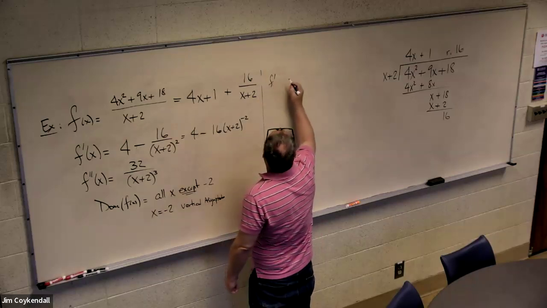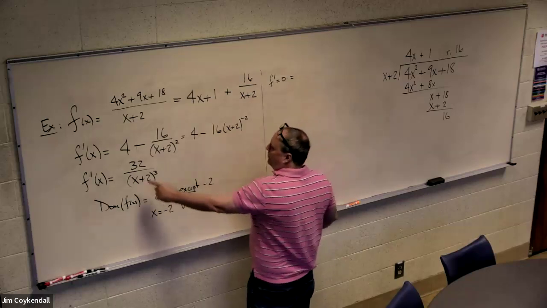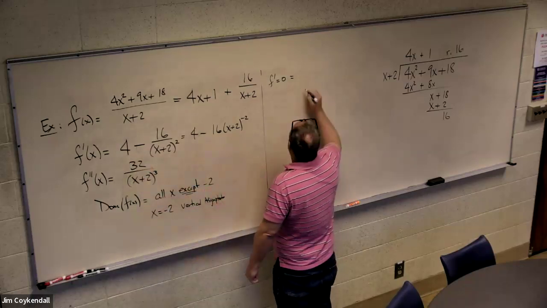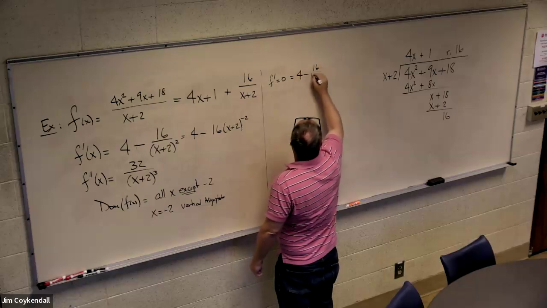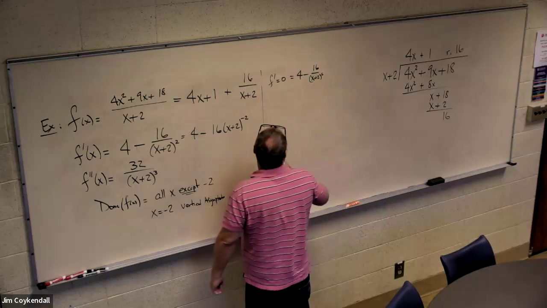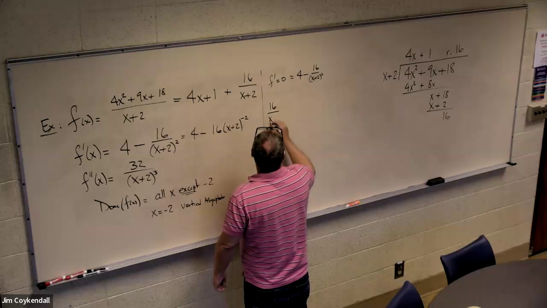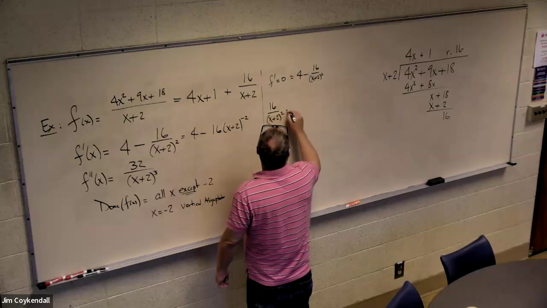Let's analyze that front. If the derivative is 0, this means 4 minus 16 over x plus 2 squared is 0. So this means that 16 over x plus 2 squared is 4.